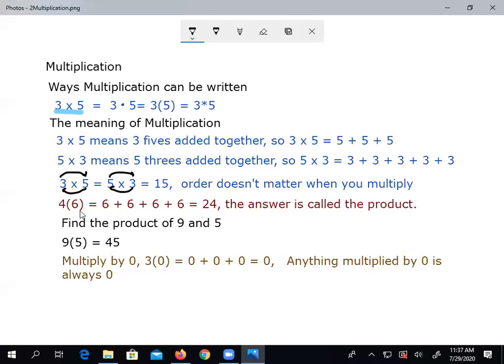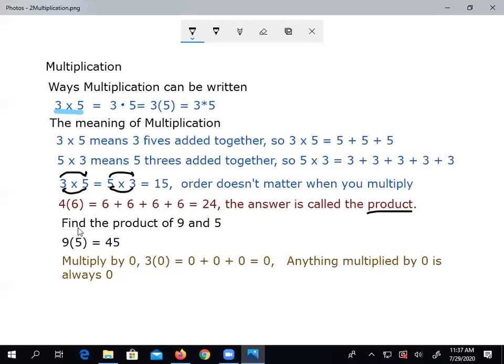So 4 times 6 means 4 6s. That means 6 plus 6 plus 6 plus 6, which is 24. And something to bring to your attention here is the word product. Product is going to be associated with multiplication. The answer to a multiplication problem is going to be the product.